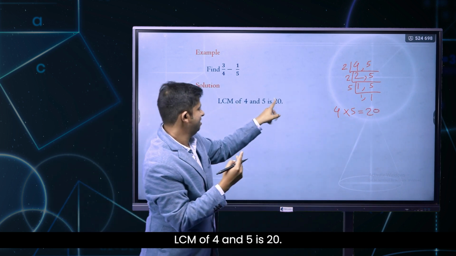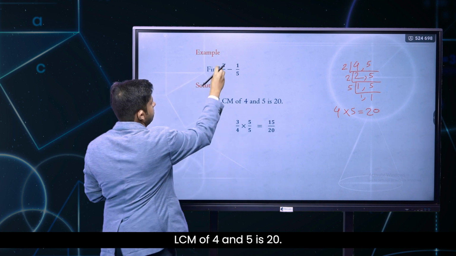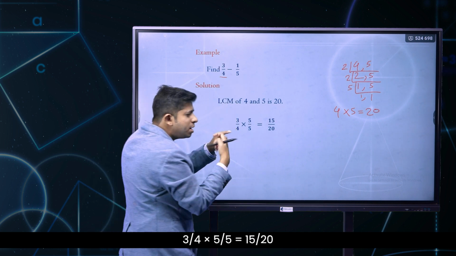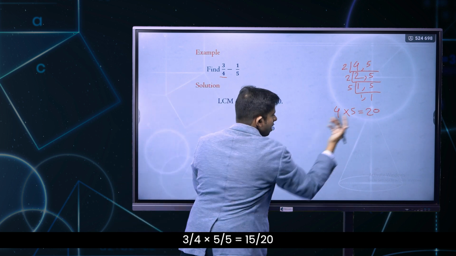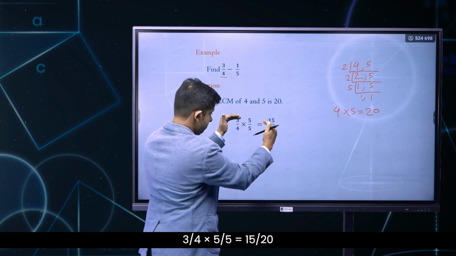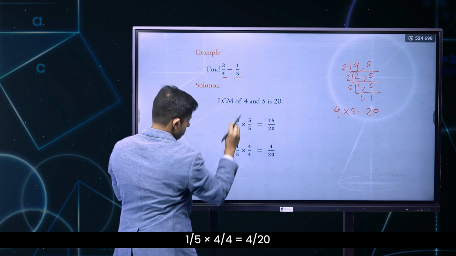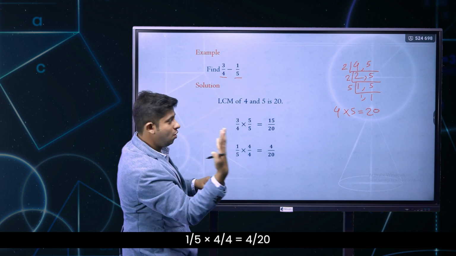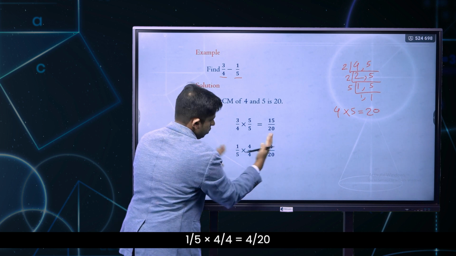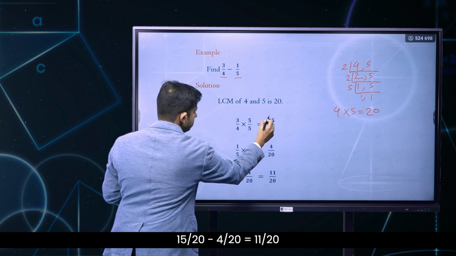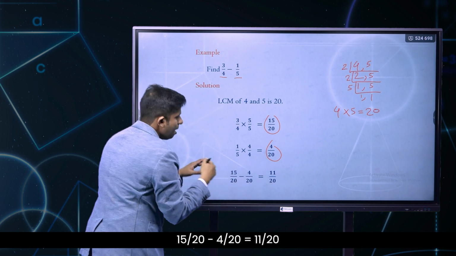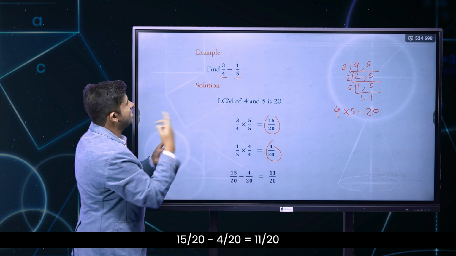LCM of 4 and 5 is 20. 3 by 4 into 5 by 5 is equal to 15 by 20. 1 by 5 into 4 by 4 is equal to 4 by 20. 15 by 20 minus 4 by 20 is equal to 11 by 20.